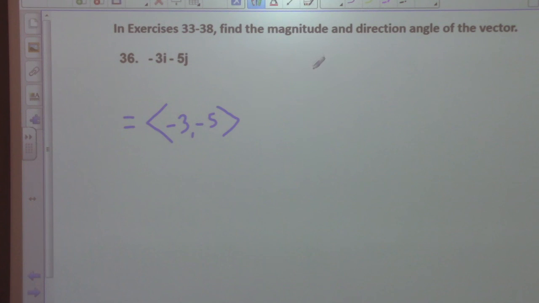What is our magnitude going to be? Would it be a positive or a negative number? I have 34, but I get -34, positive 34. Okay, is magnitude ever negative? No, it's not. Okay, so root 34. Magnitude is never negative, but adjacent and opposite can be negative. So that's our magnitude, very good, and direction.